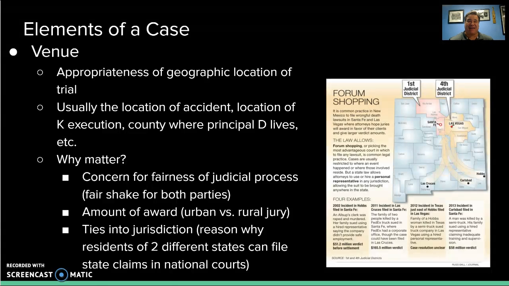Why does this matter? Who cares? It's court. Just go to court. Well, the concern is making sure that you're getting a fair judicial process, a fair shake for both parties. There are certain jurisdictions across the country that are notoriously generous juries.